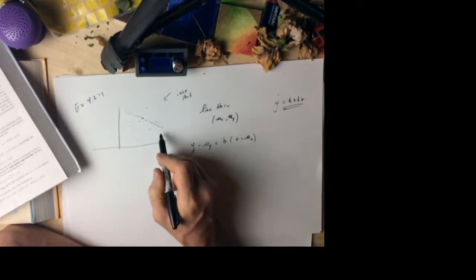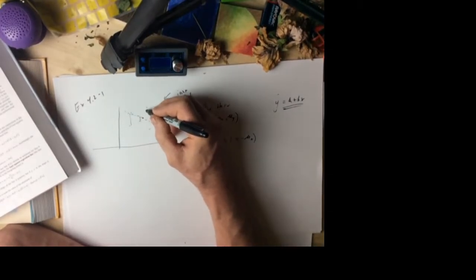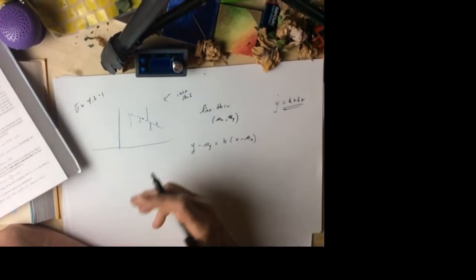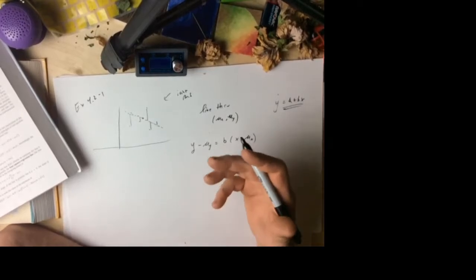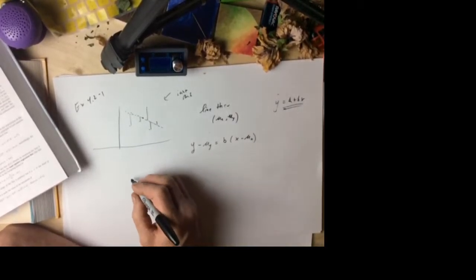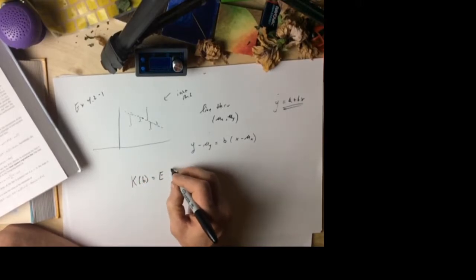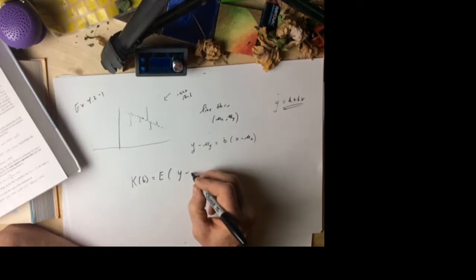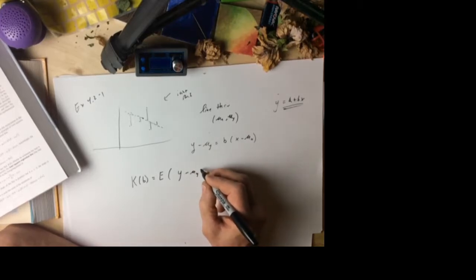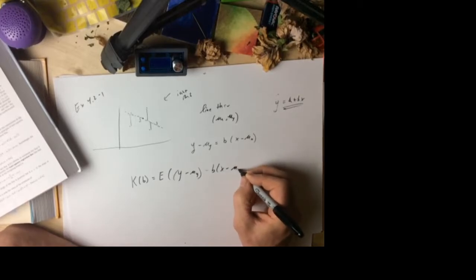Now, if we want to find the best one, well, we'd like to make sure that these distances here are minimized. Well, instead of minimizing the distances, let's actually define a function, k as a function of b, which is the expectation of y minus the mu of y, I'm going to subtract off the b times x minus mu of x.